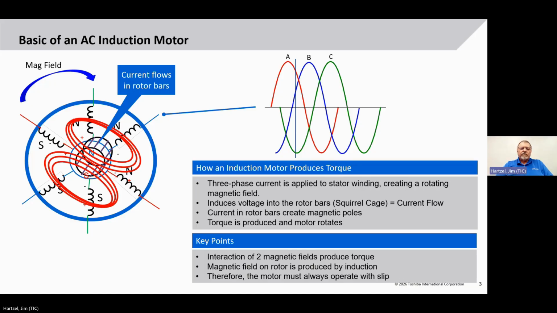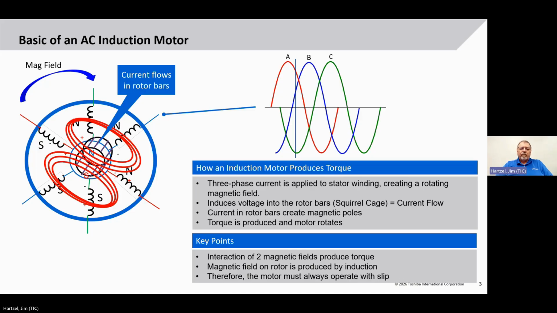The squirrel cage rotor is made up of these bars. Anytime you have a conductor, you have flux, and you have relative motion, you're going to get an induced voltage. So current is going to flow in the squirrel cage, and you're going to set up a magnetic field on the rotor.